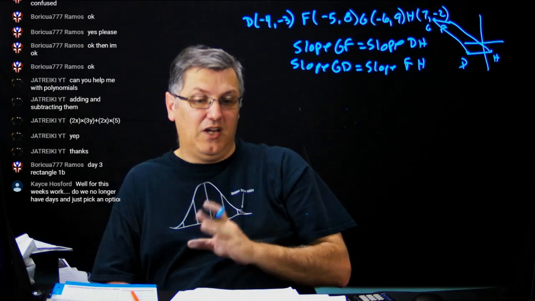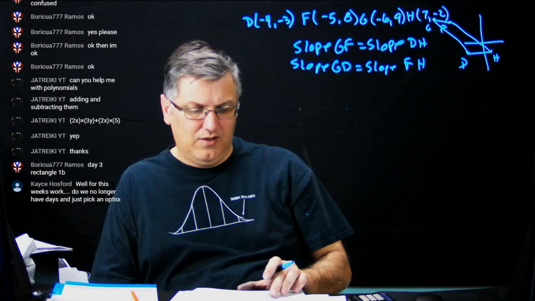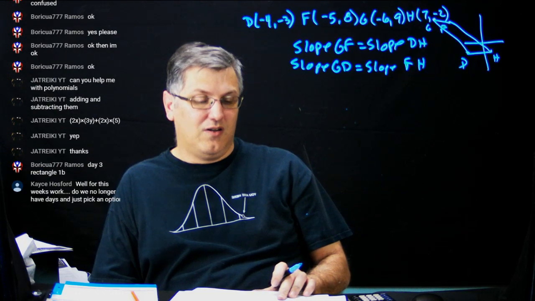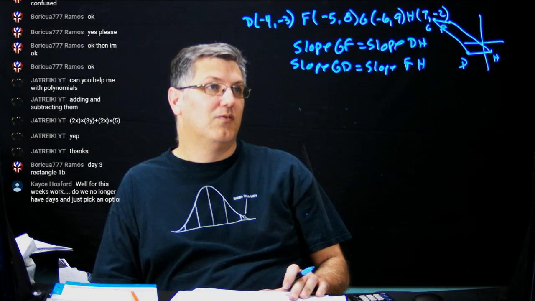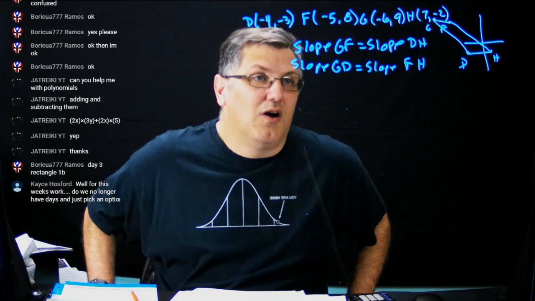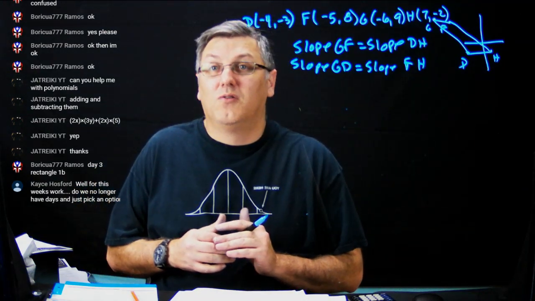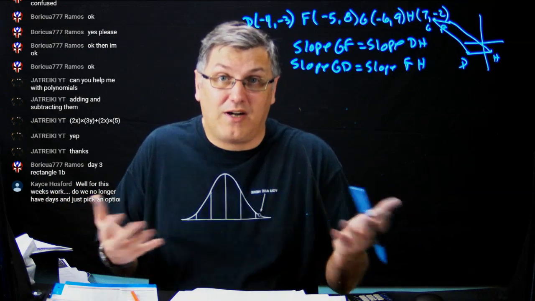If I write these down right, -4, -3, -5, 8, -6, 9, and 7, -2. If these slopes are not exactly the same, then it's not even a parallelogram, which can't be a rectangle.